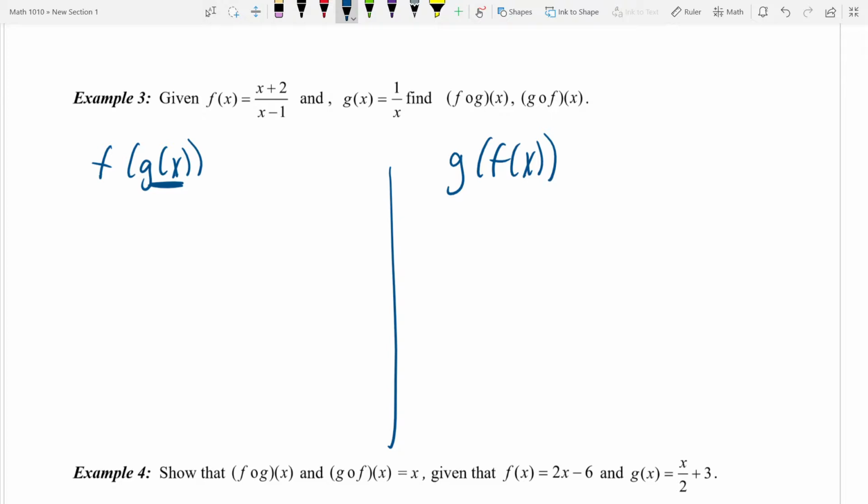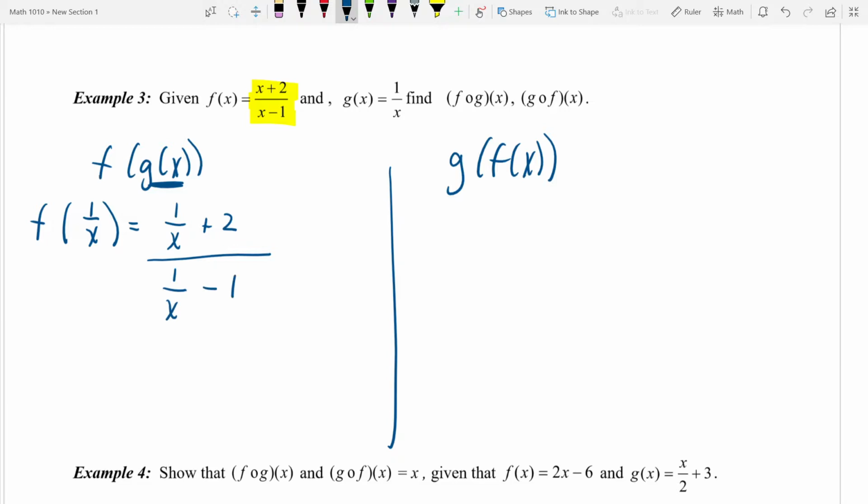Okay? See this g of x? Replace it with what g of x is. So this is f of 1 over x. Okay? This is going to be tough. Now I'm going to go into f of x. And in those two places where I see an x, I'm going to replace it with 1 over x. So everybody go 1 over x plus 2 over 1 over x minus 1.